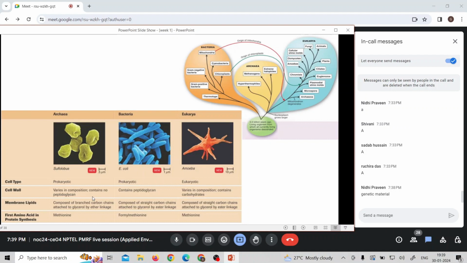I would also like to remind you that the plant and animal kingdoms also come under the eukaryotic category. So you can imagine the vast difference in the cell wall, and the vast diversity in it.